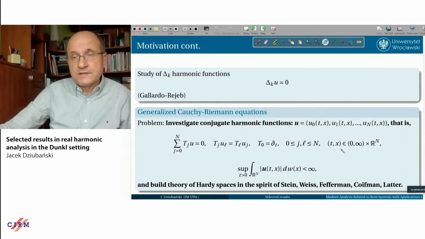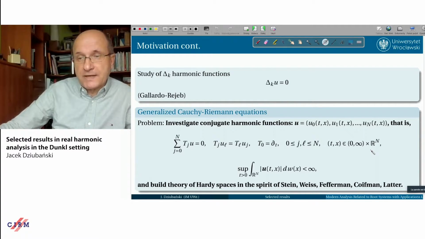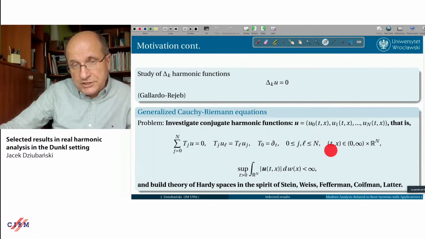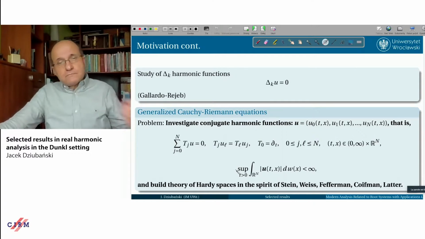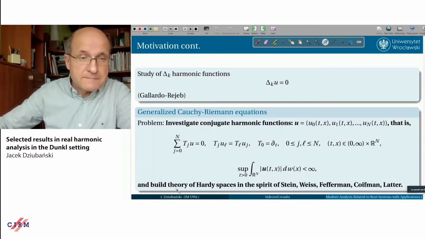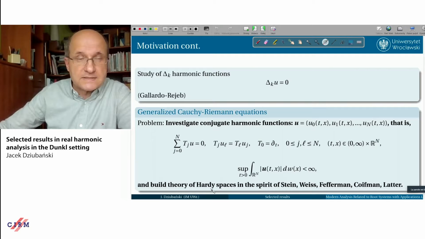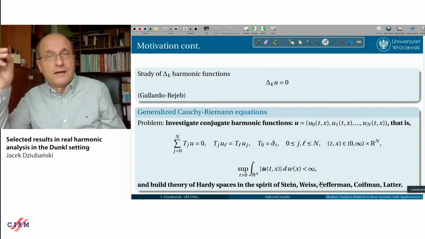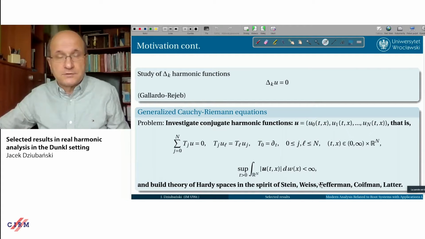Of course, we consider this in the half space, the product of a half line with R^n. So we have an additional variable t, and partial_0 means differentiation with respect to t. We also need some control on the vector of such functions. We may ask if we can build a theory of Hardy spaces in the spirit of Stein, Weiss, Fefferman, Coifman, and Latter, who did this in the classical situation.